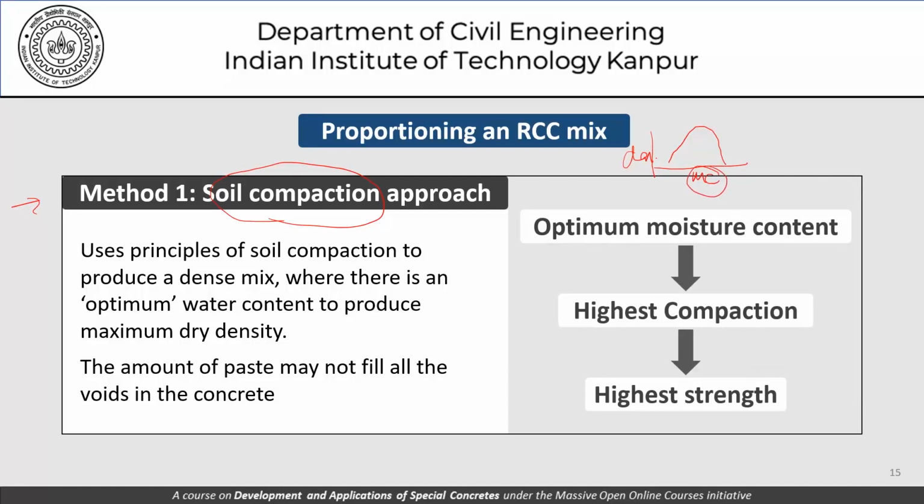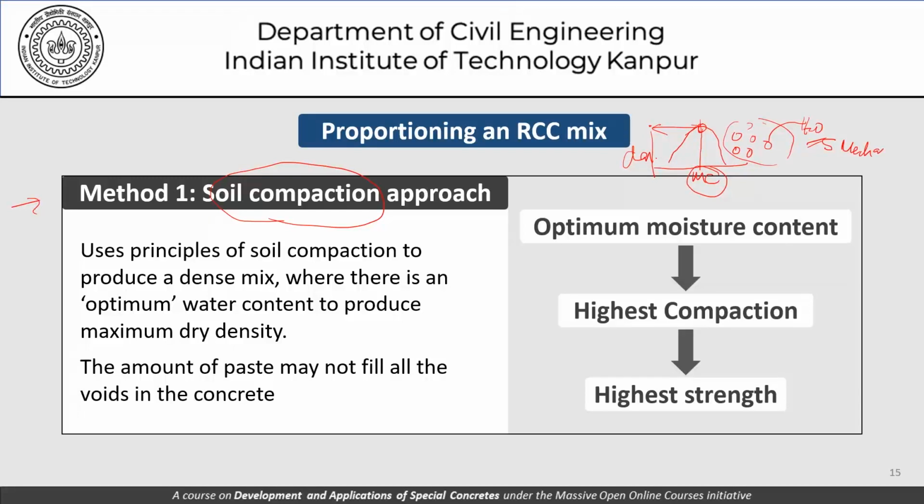So we have this concept of optimum moisture content, which gives us maximum density. This concept from soil mechanics is where we are talking of individual particles. Now, compaction of these individual particles with a certain amount of water is the domain of soil mechanics.